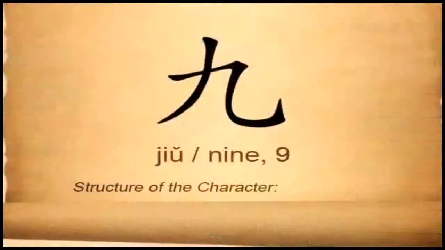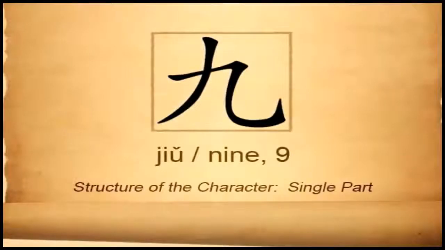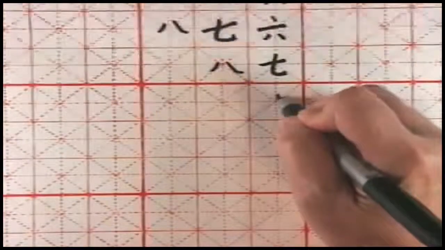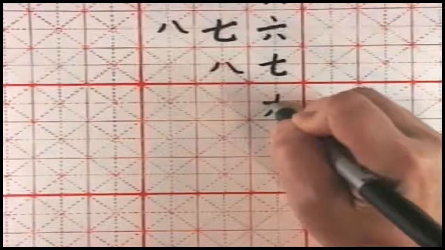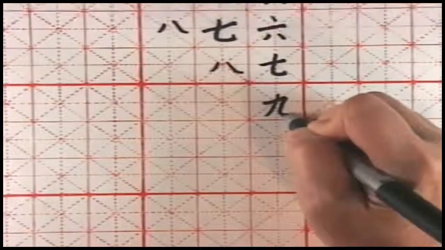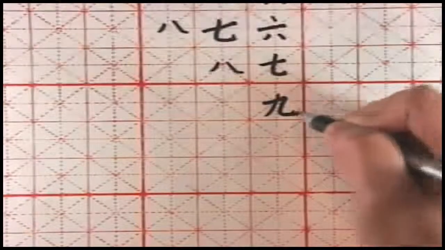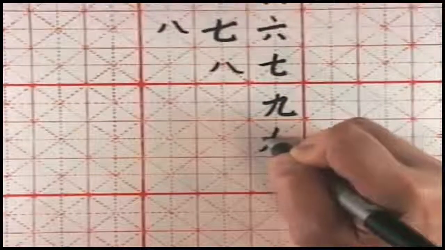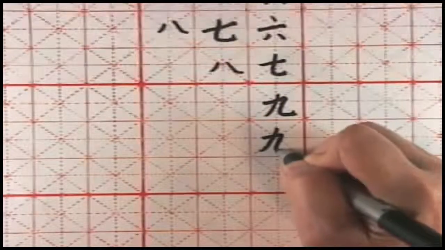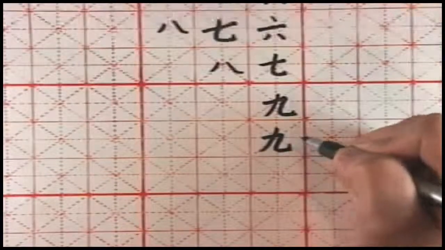What is 9 in Chinese? 9 is 9. Good. Look at the character for 9. Is 9 compound or single part? It's single part. How many strokes in 9? Yes, 2. Write 9 with me. First, 撇 then 横、折、竖、弯、勾. Let's do it again. 撇、横、折、竖、弯、勾. This is difficult.